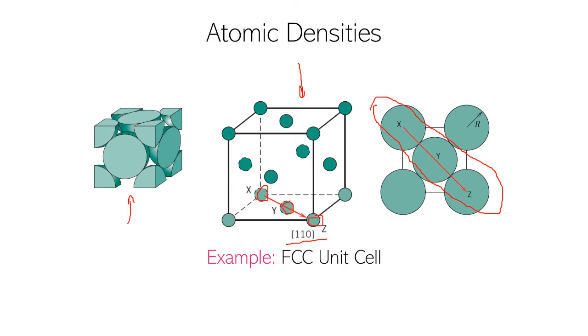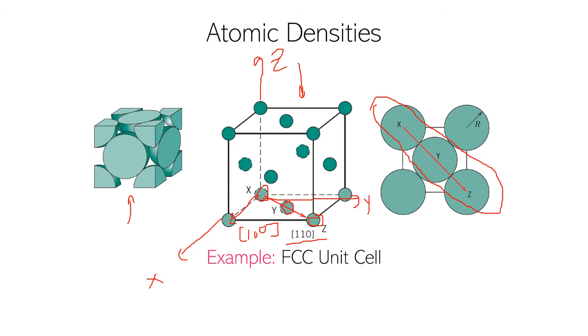And if we try to compare another direction, let's say a direction like that, then if you understand indexing, this direction will be 1, 0, 0, assuming that this is the x-axis, this is the y-axis, and that is the z-axis.